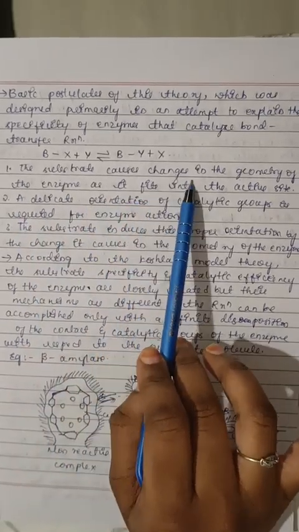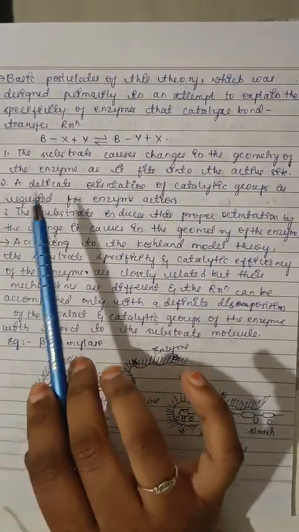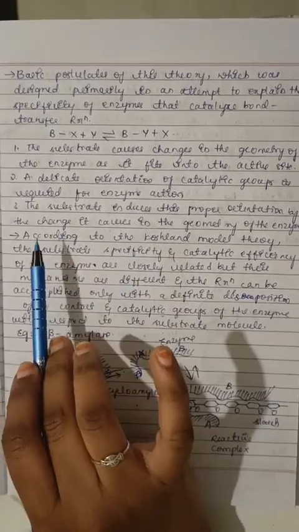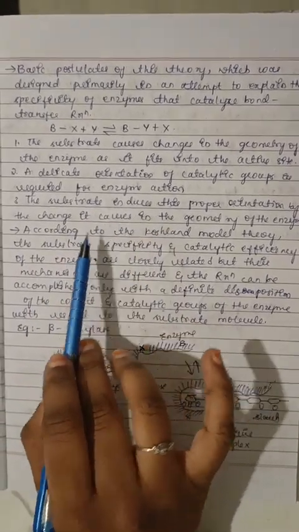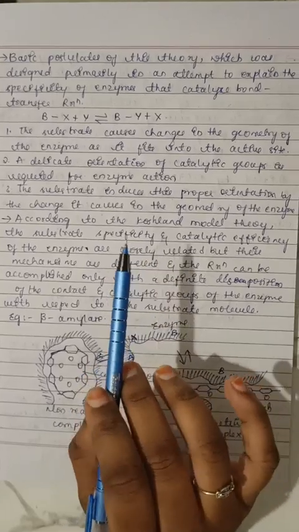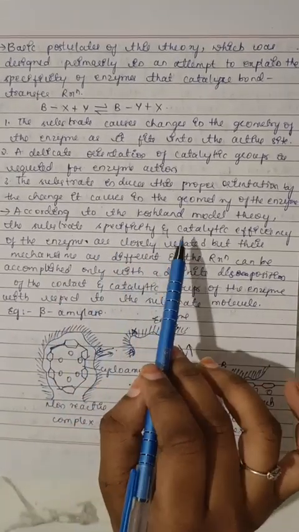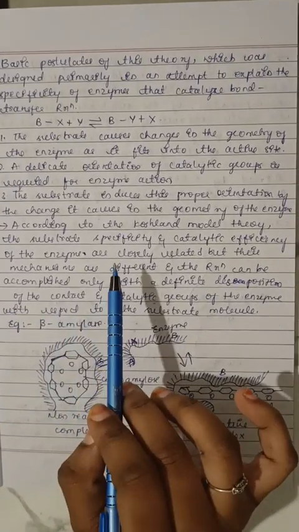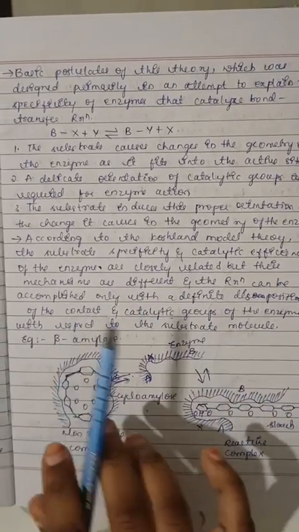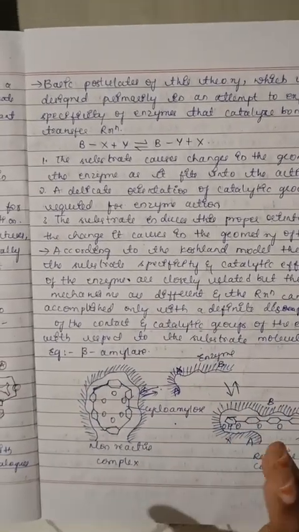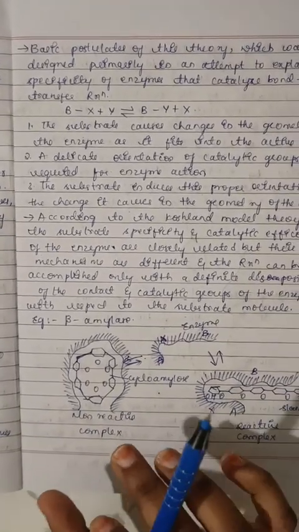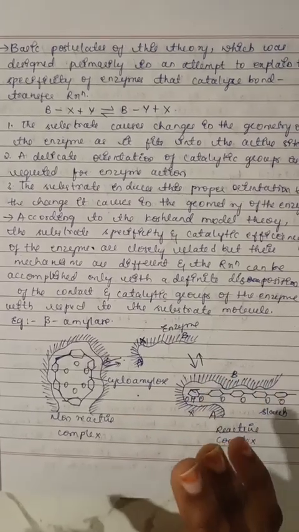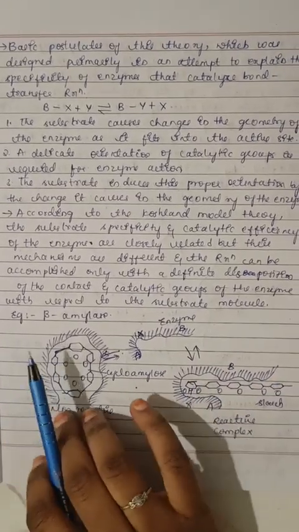The substrate causes changes in the geometry of the enzyme as it fits into the active site, and a delicate orientation of the catalytic groups is required for enzyme reaction. The substrate induces this proper orientation by the change it causes in the geometry of the enzyme. According to the Koshland theory, the substrate specificity and catalytic efficiency of the enzyme are closely related, but their mechanisms are different, and the reaction can be accomplished only with a definite orientation of the contact and the catalytic groups of the enzyme with respect to the substrate molecule.